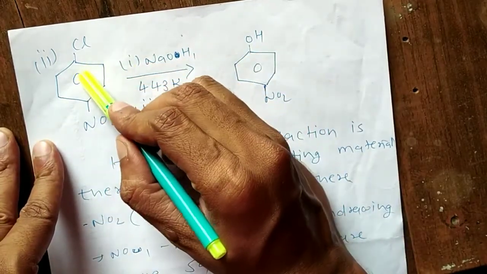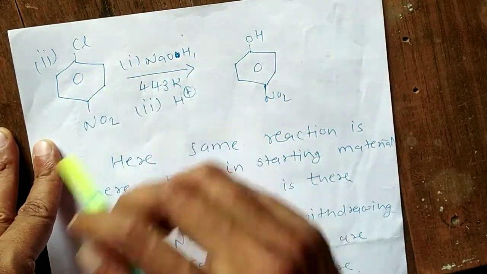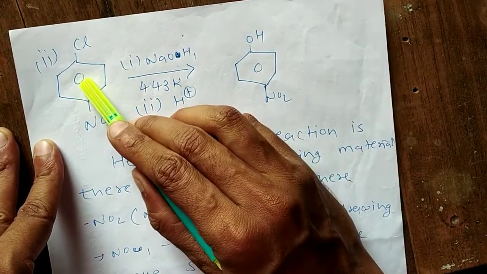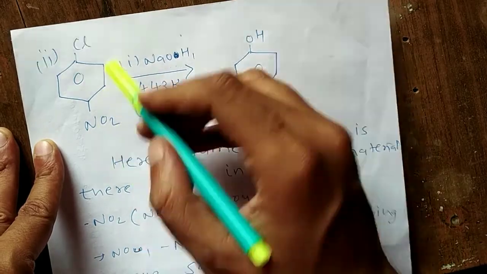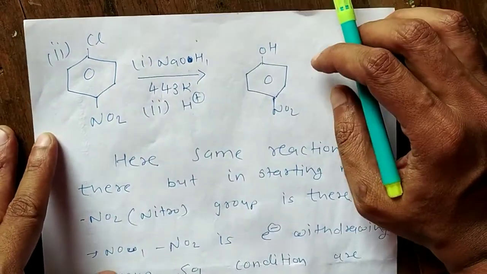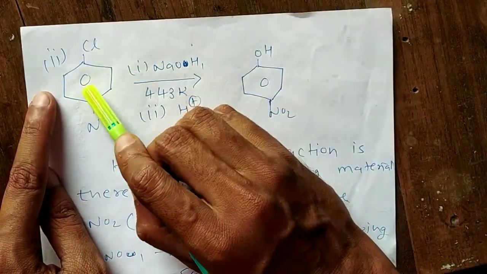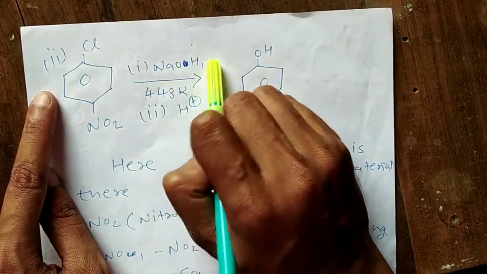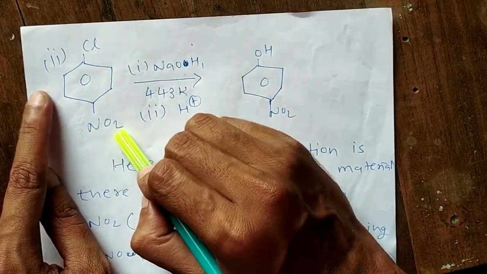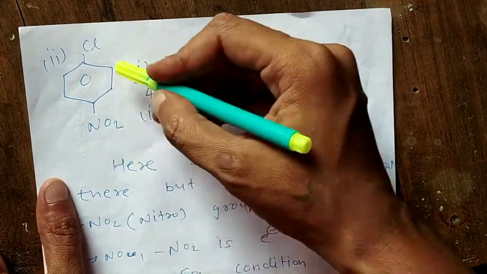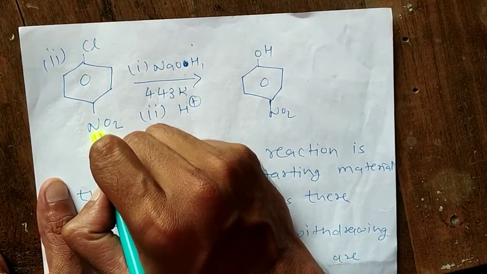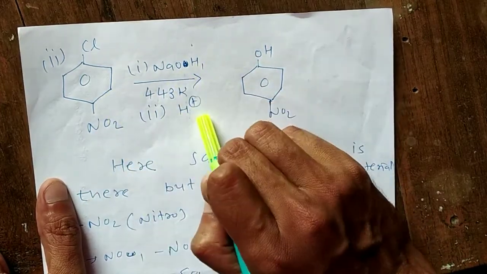So it will withdraw some electrons from here. So repulsion will be less here. Like we saw earlier, there is repulsion between the nucleophile OH minus ion and this structure. But due to the presence of the NO2 group, an electron withdrawing group, it will withdraw these pi electrons from the structure. So the repulsion will be less here.